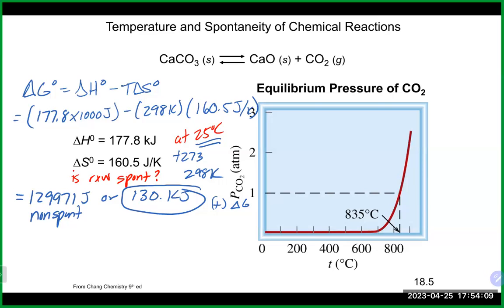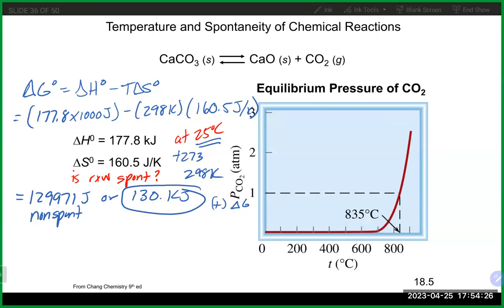Any questions on that? Now, it is not spontaneous at 25 degrees Celsius, but is there a temperature at which it would become spontaneous? We can use the same equation to help us do that.